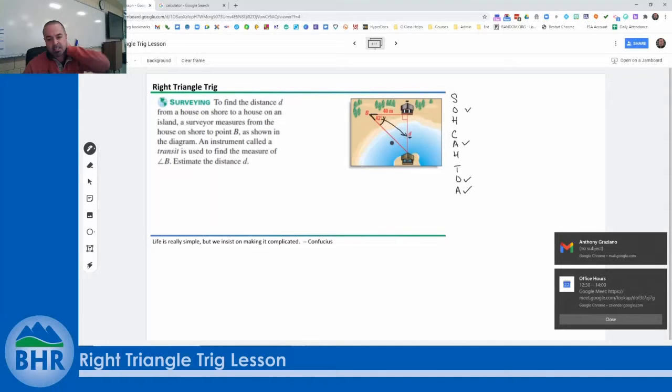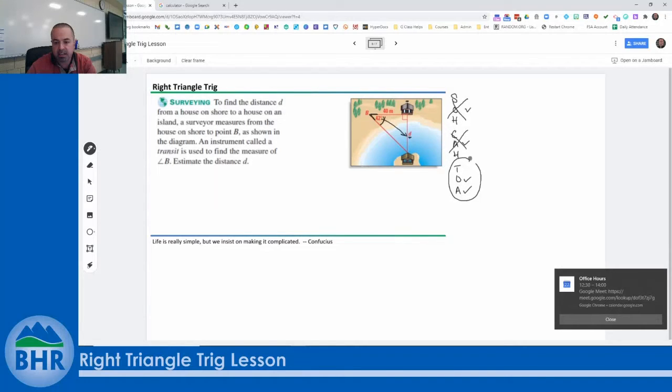So I go back to my mnemonic here, and I see I only have one in the SO, I only have one in the CAH, and I have two in the TOA. So that means the tangent of theta is equal to the opposite over the adjacent.